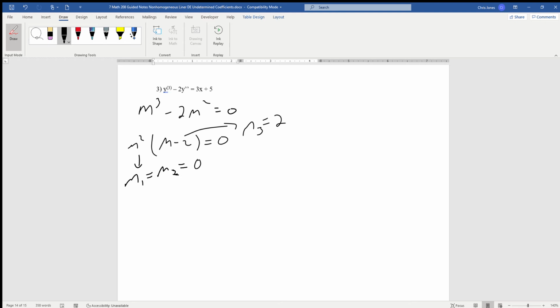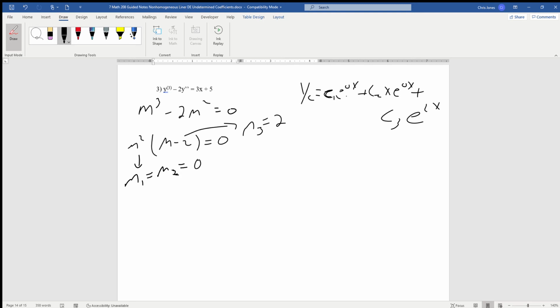So our complementary solution is c1 e to the 0x plus c2x e to the 0x, plus c3 e to the 2x.